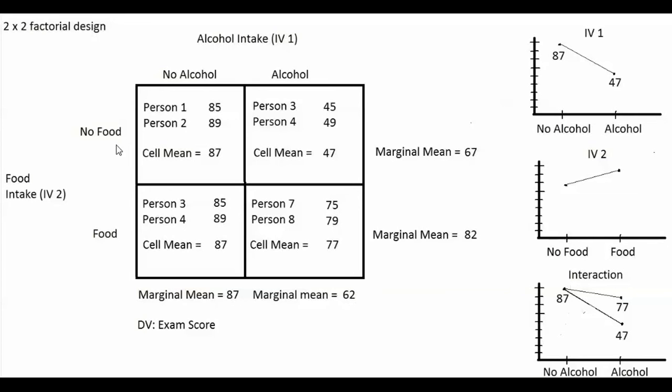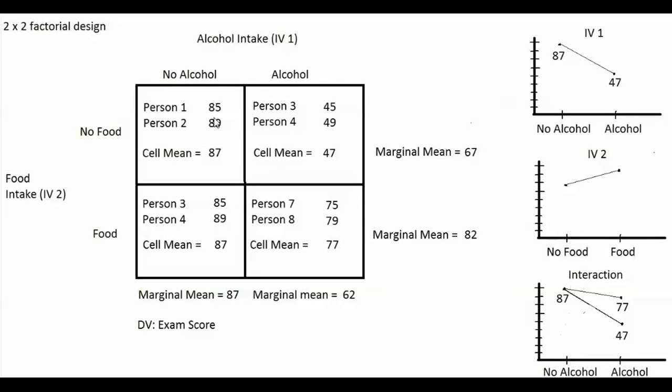Also, I need for the no food condition to be half no alcohol and half alcohol, and for the food condition to be half no alcohol, half alcohol. That way, this variable of alcohol intake is also balanced across the two rows, and this main effect of food intake is also not confounded.